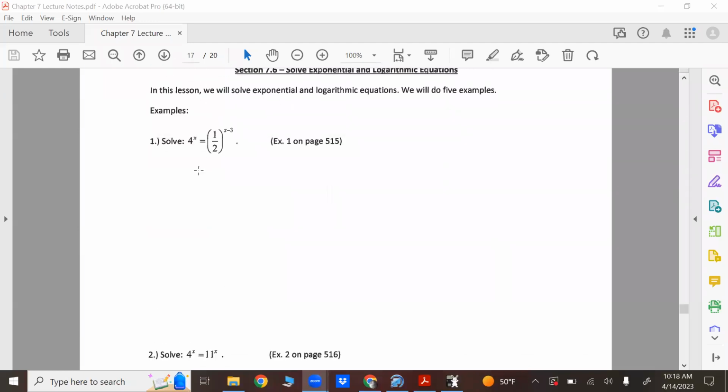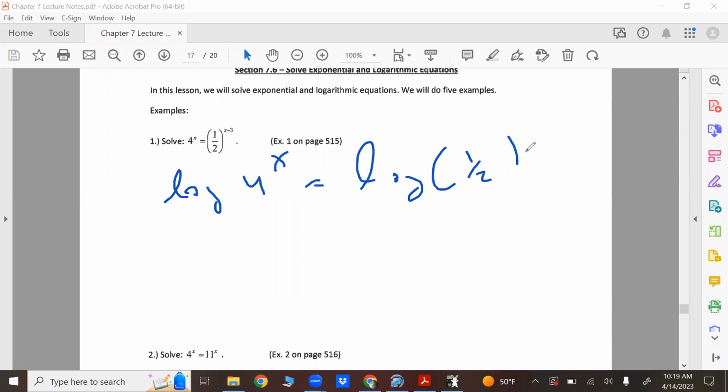Now, I could have done the same thing for number 1 if I so desired. You don't have to write this down, but I could have done log 4^x equals log of (1/2)^(x minus 3). I totally could have done that. x times log 4, (x minus 3) times log 1/2.